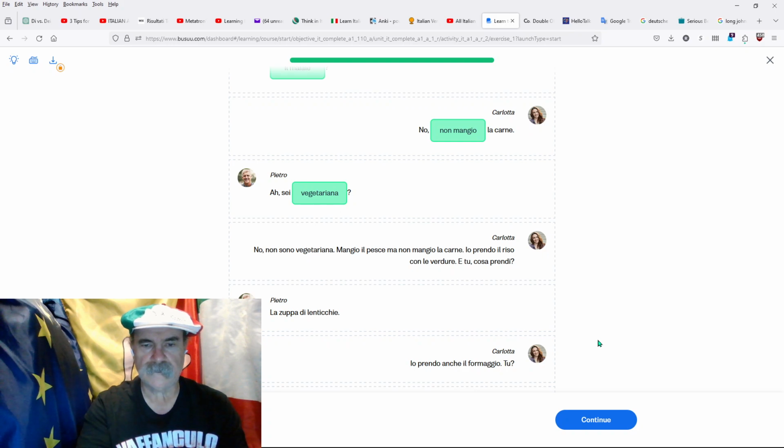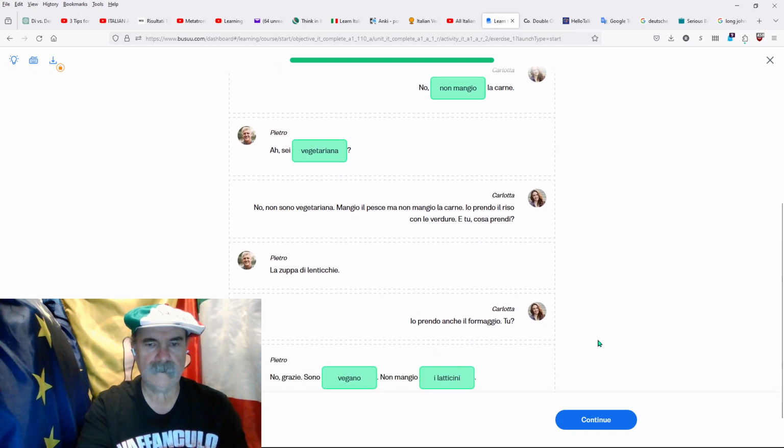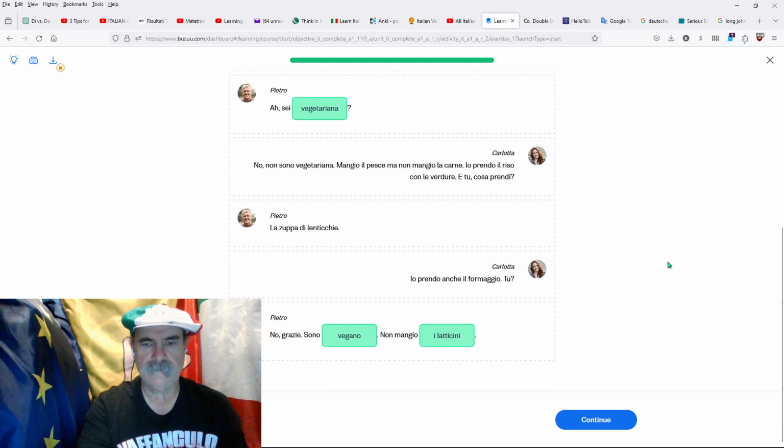E tu, cosa prendi? La zuppa di lenticchie. La zuppa di lenticchie. Io prendo anche il formaggio. Tu? No, grazie, sono vegano. Non mangio i latticini. Latticini.